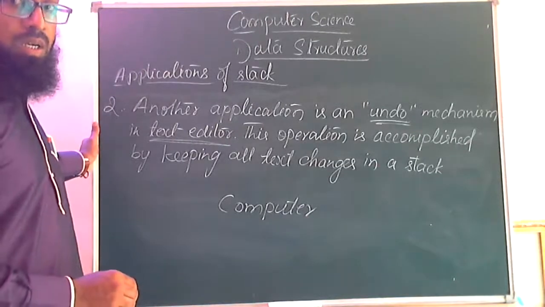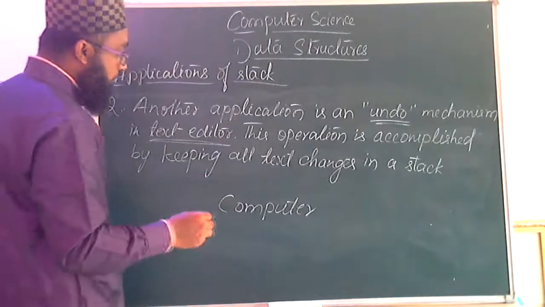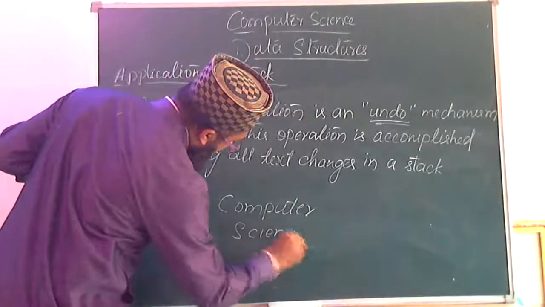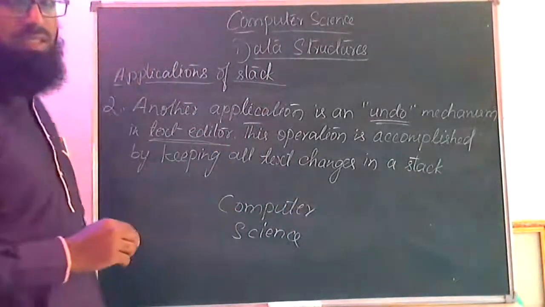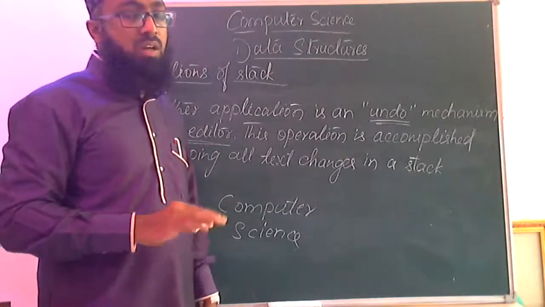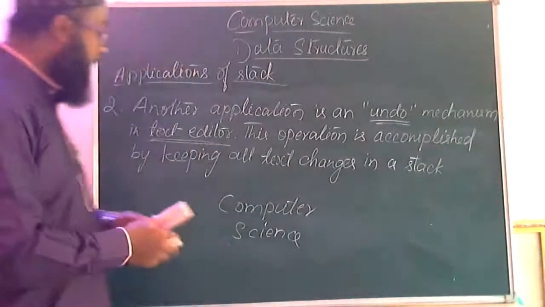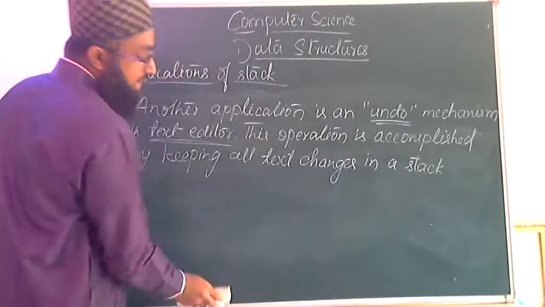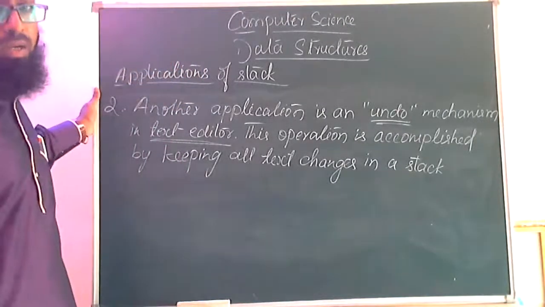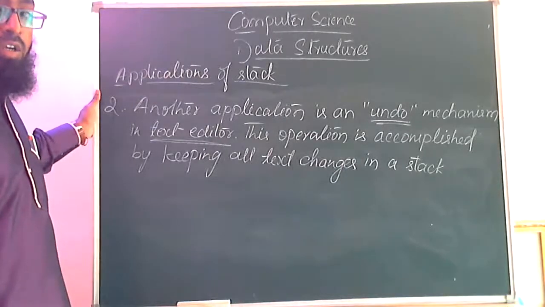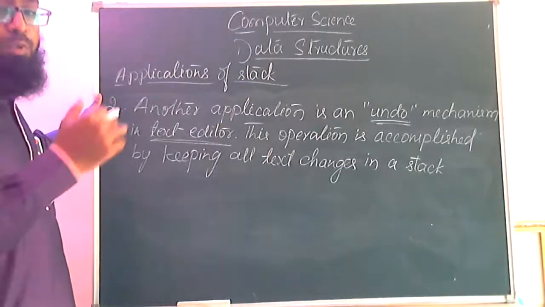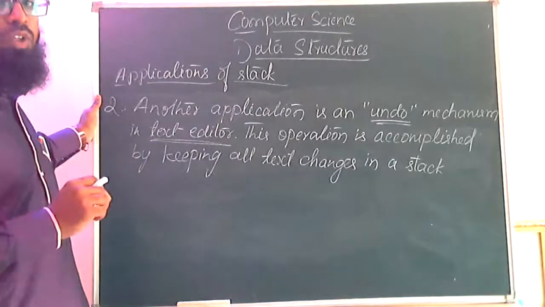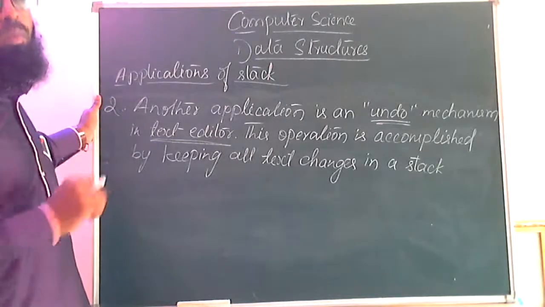Then next you will type below it, science. After some time, you will erase these two things in Notepad. But again, you want computer and science, both the words. So at that time, you will use the undo operation.